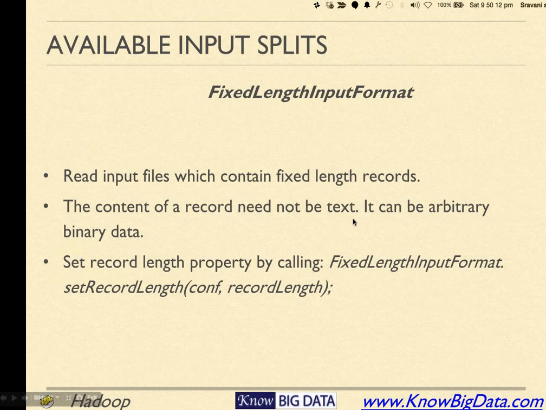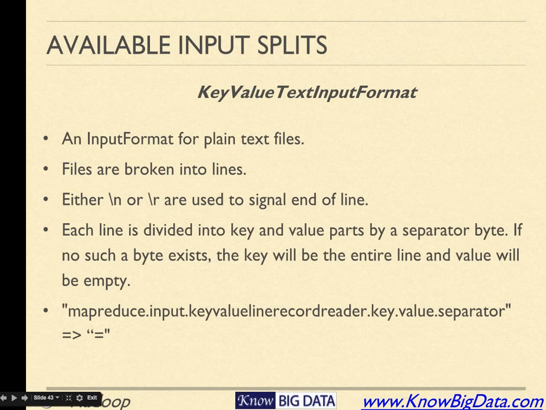In these cases, the fixed length input format is useful. The content of a record need not be text. It can be any binary data. The record can be binary data, and you can change the length of each record you want to extract by setting the record length using fixed file input format dot set record length.